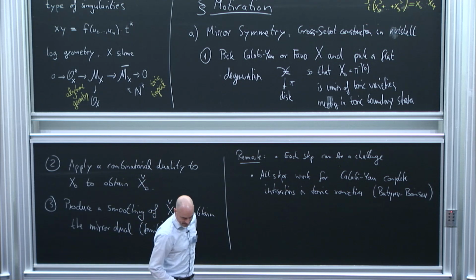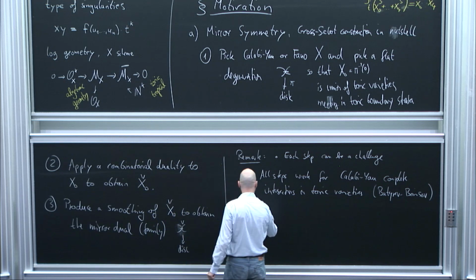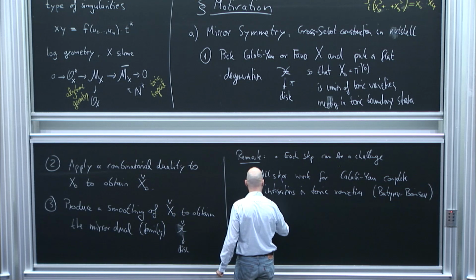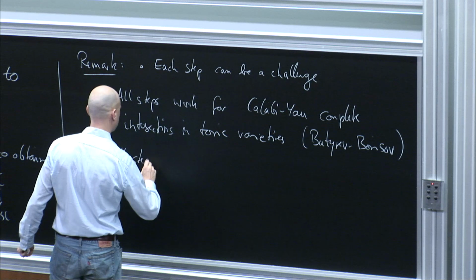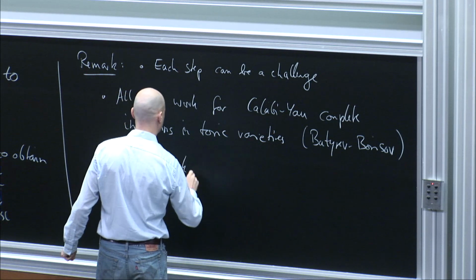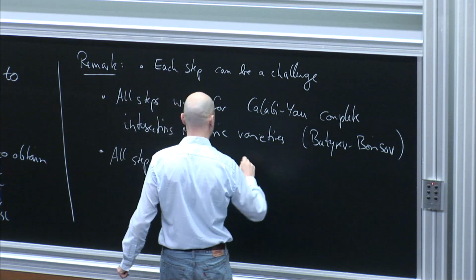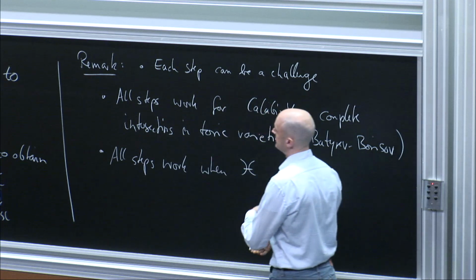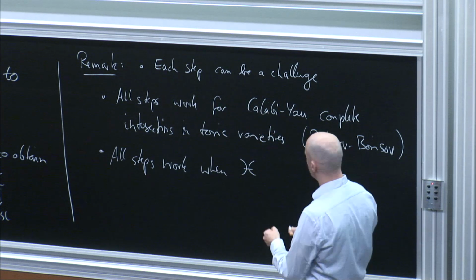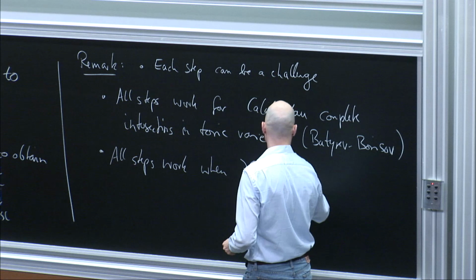Then the next thing where it works nicely, all steps work when x, so in some sense you input the first step already, when x is a normal crossing degeneration.